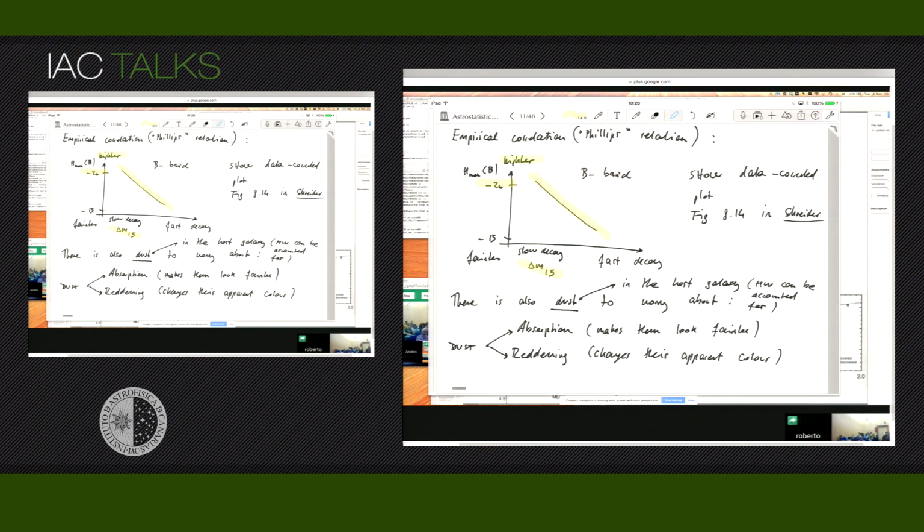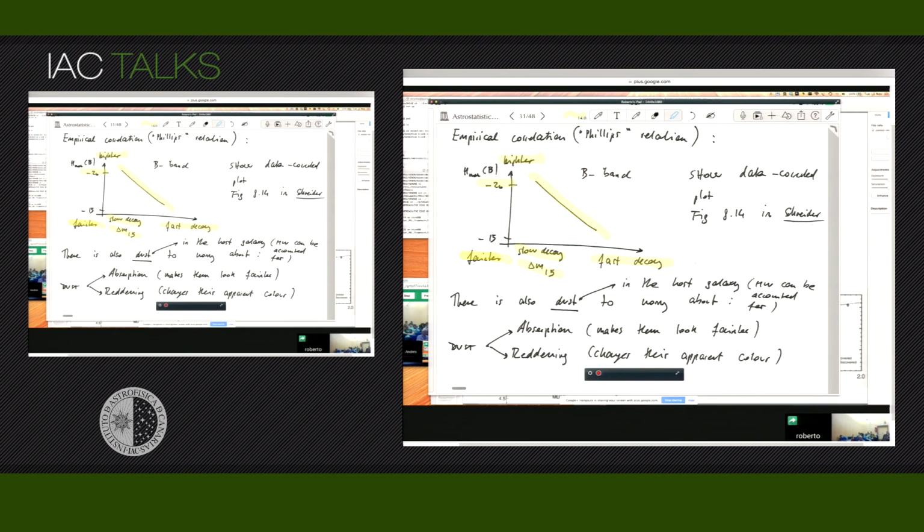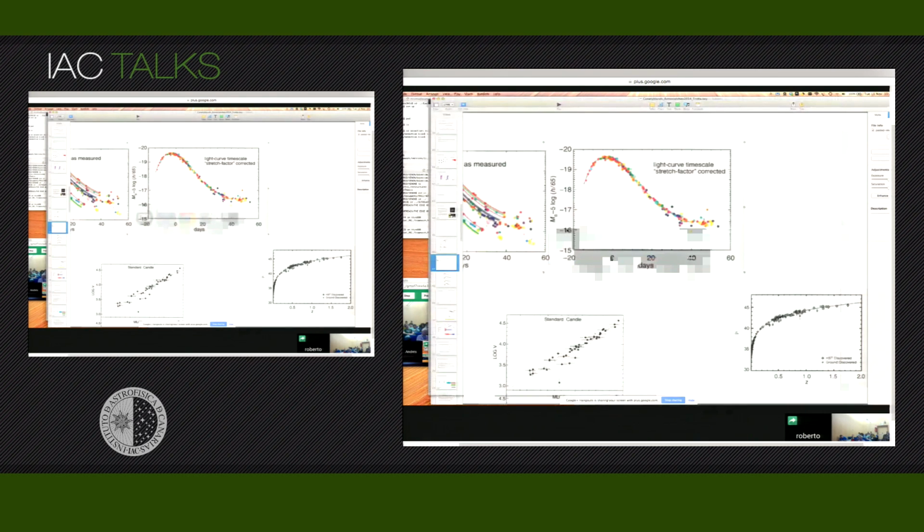So the brighter objects are the ones that decay slowly. The fainter objects are the ones that decay faster. So that's qualitatively what it is, and this is what the data look like.